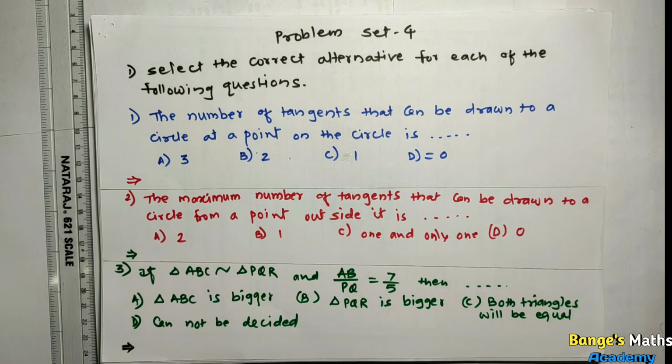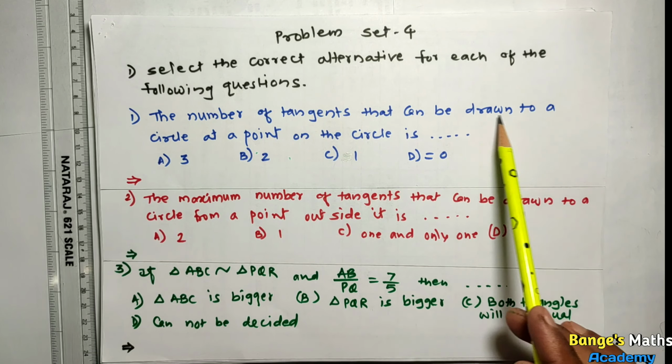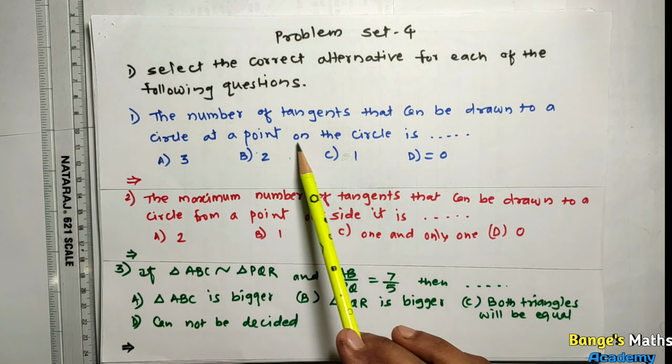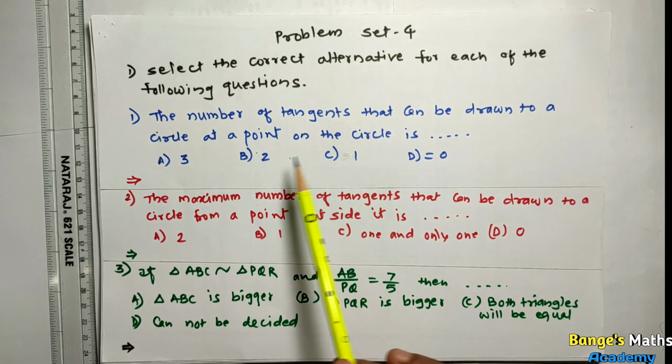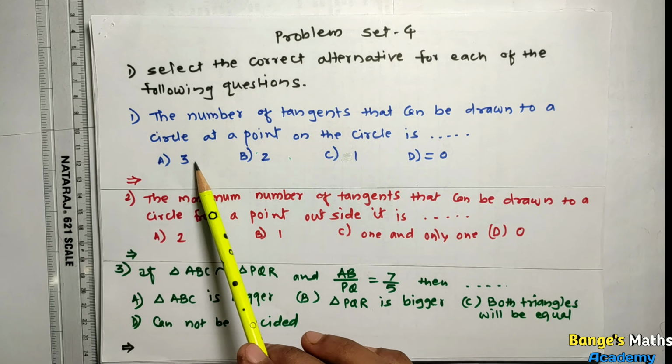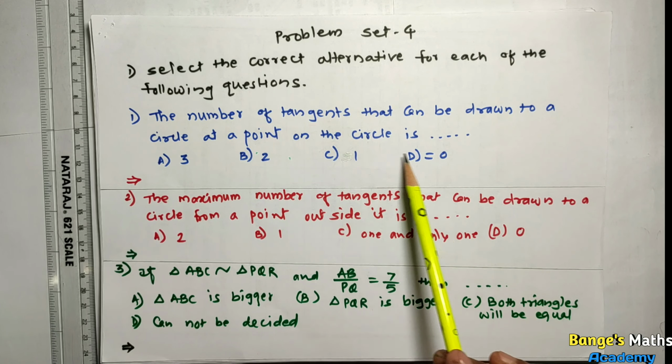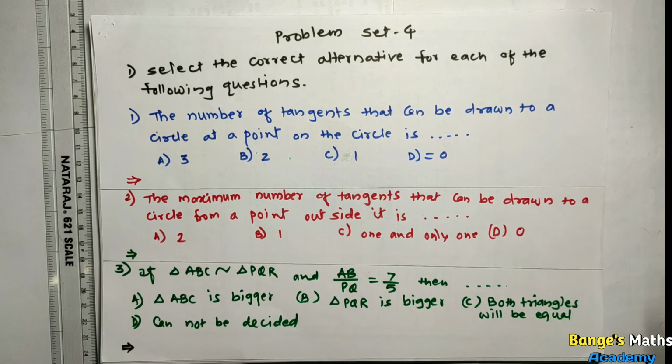Problem set 4. Question first. Select the correct alternative for each of the following questions. First question. The number of tangents that can be drawn to a circle at a point on the circle is option A 3, option B 2, option C is 1 and option D is 0.